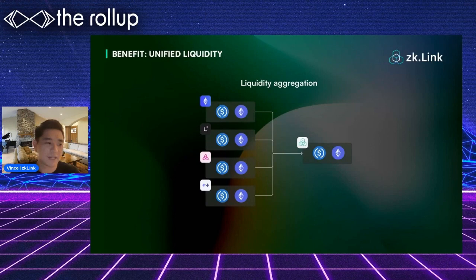And for the liquidity silos on these rollups, we would need either to use a bridge to move the liquidities among these different layer 2s, or alternatively, an application can deploy on zkLink layer 3 and access the liquidities on different layer 2s.